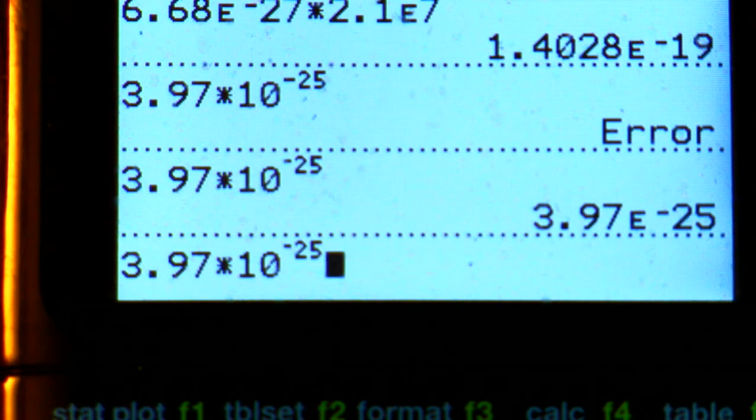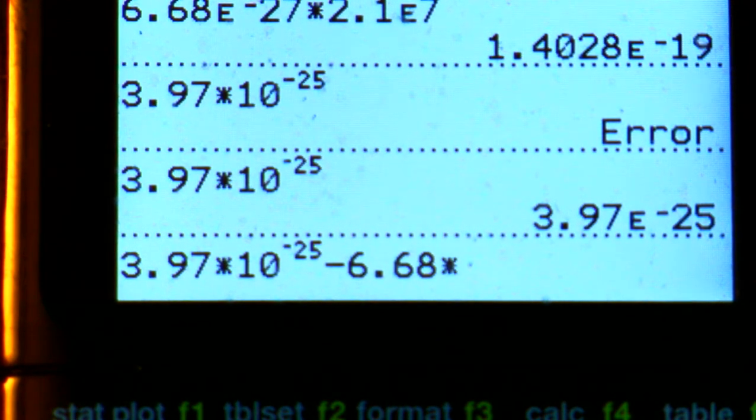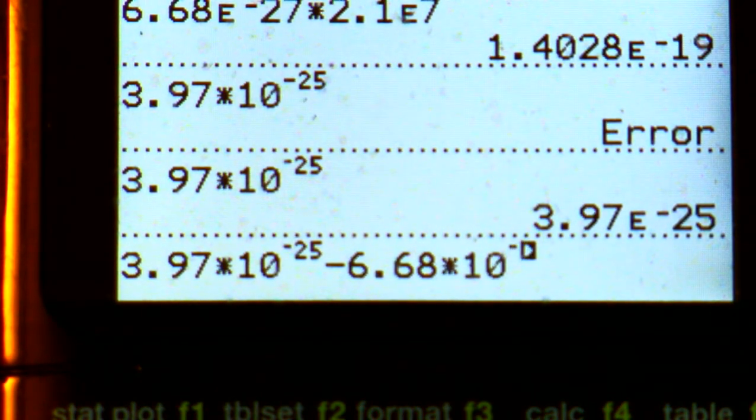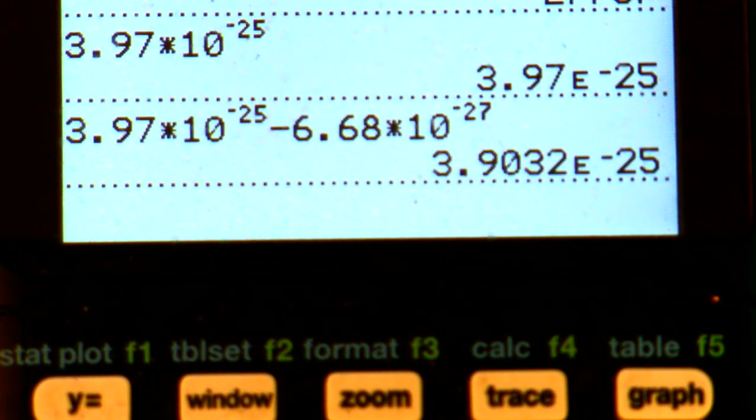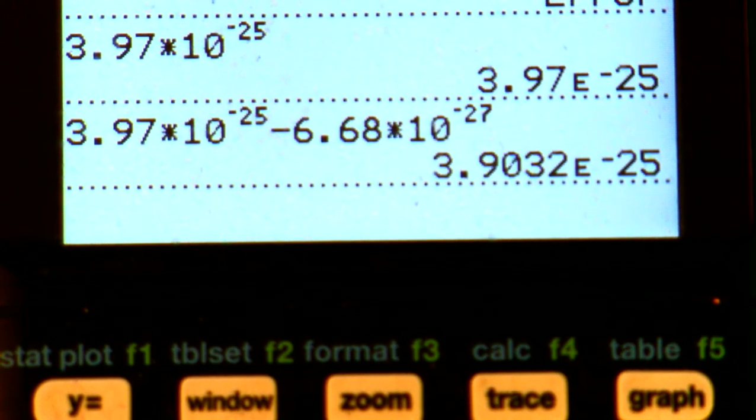Now I'm going to go minus 6.68 times 10 caret exchange 27, arrow to the right, enter. Well, okay.